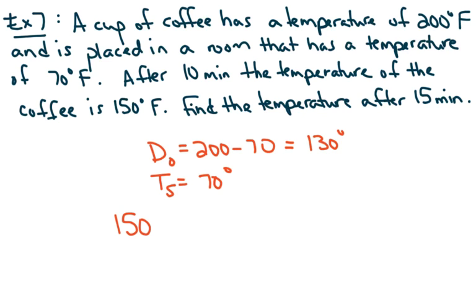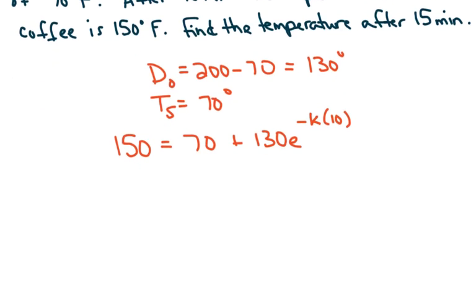So I can set 150 equal to 70 plus 130e to the negative k times 10. The only thing I don't know is k. One of the things I want to remind you is you cannot add 70 and 130. That's one of the most common mistakes students make with this particular problem. We're going to solve this by subtracting 70.